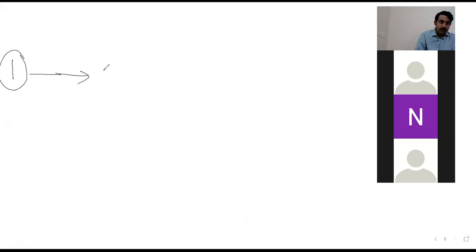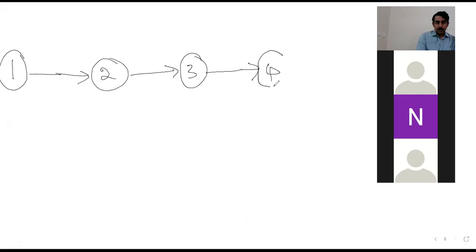Every activity is depending on the other. Now in the examination, you need not draw it again and again. One single network is sufficient. Since this is the first problem, I'm drawing it again and again. So this is the next activity.